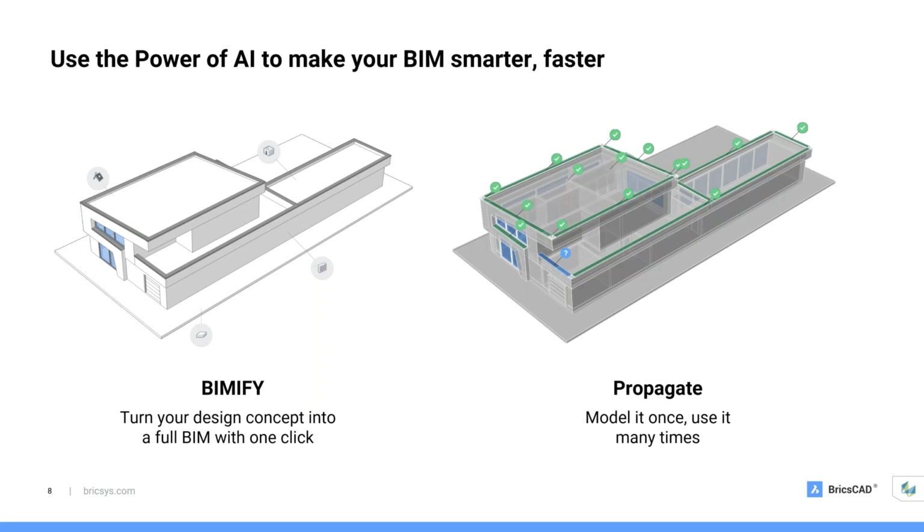If you look to the right side of this slide, I can tell you that the Propagate tool also leverages machine intelligence. When you detail, for example, a roof covering, then you simply ask the software to implement the same level of detailing on other parts in your drawing. This is Propagate, and it will suggest all the different spots where your roof covering is most likely needed.